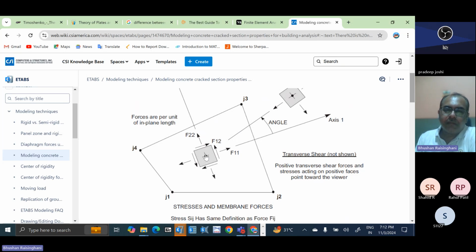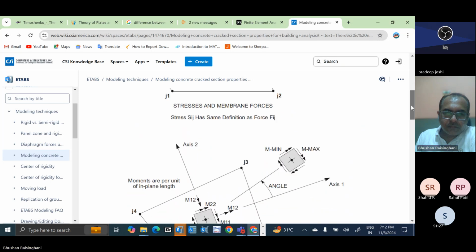That can only come if you model it as a shell. If you model it as a membrane, it will not happen. So plate or shell, you have only two options. In STAAD Pro you model as plate, here you model as shell. Not membrane, since a membrane will not have out-of-plane shear action.